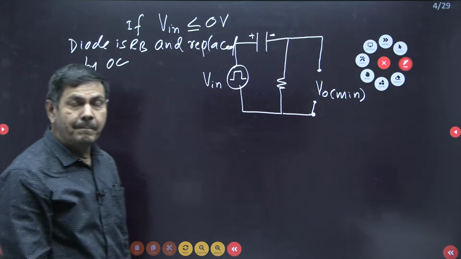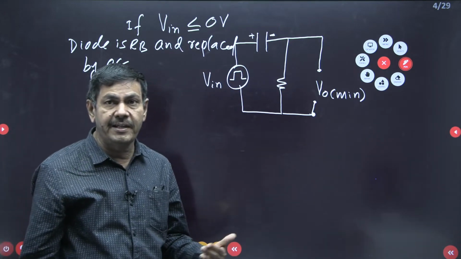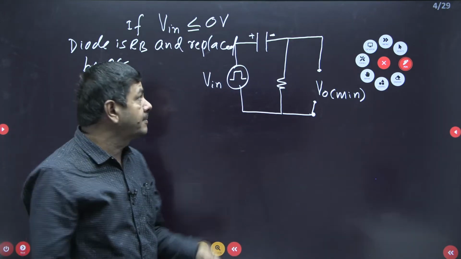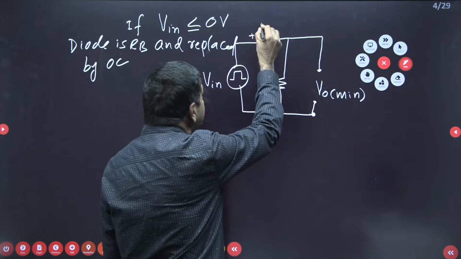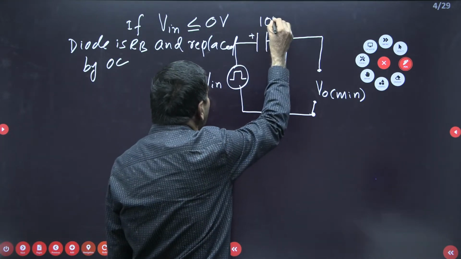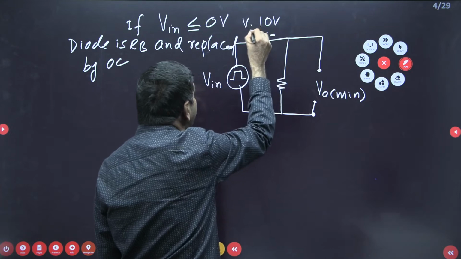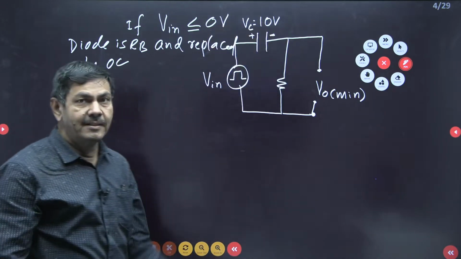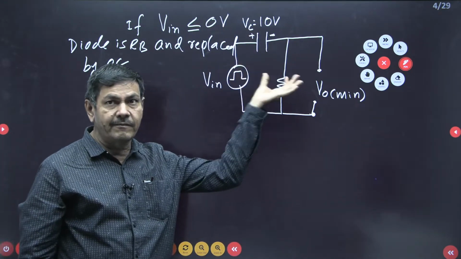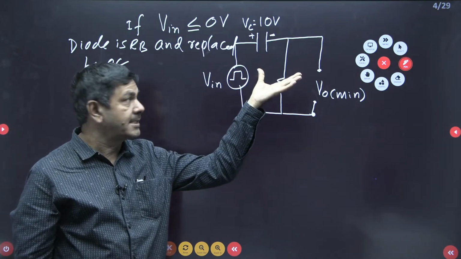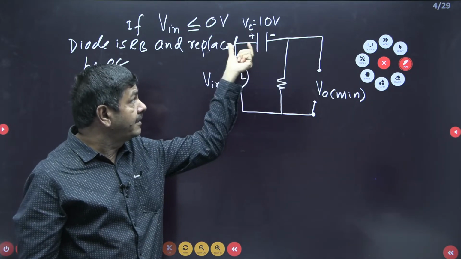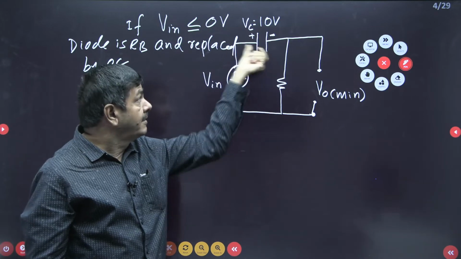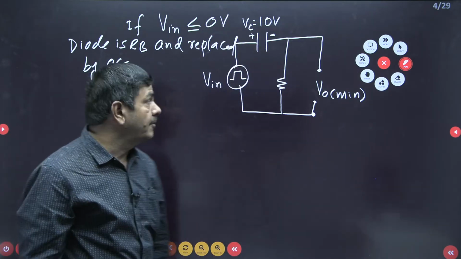Maximum amplitude when Vi is greater than 0 voltage means maximum voltage I can get across the capacitor is 10 voltage here. That is said to be capacitive voltage only. This voltage I am getting when Vi is greater than 0 voltage. That voltage will be in between the two plates of the capacitor only. Understand now.